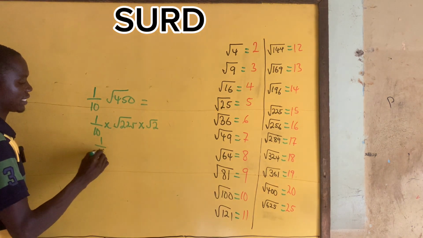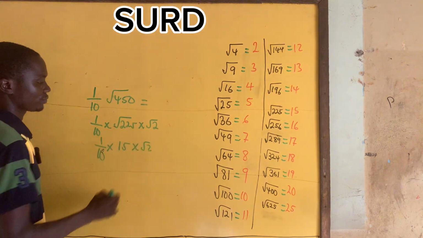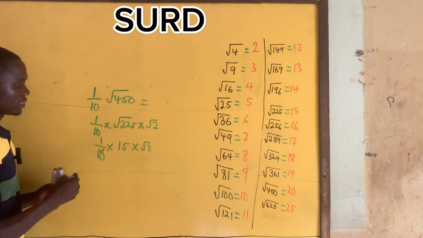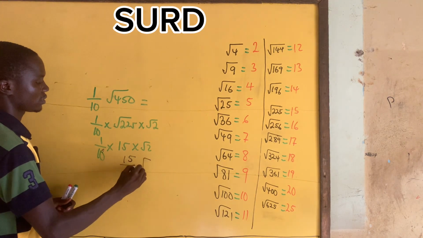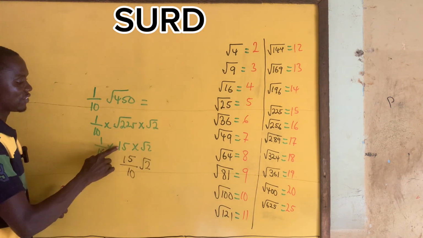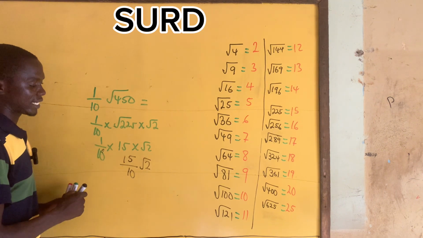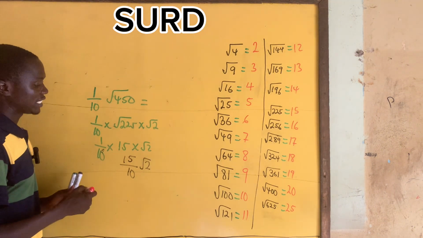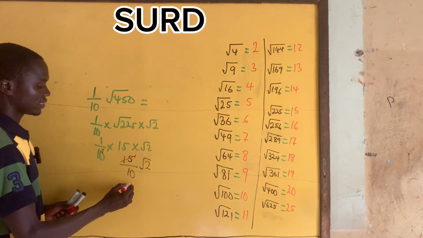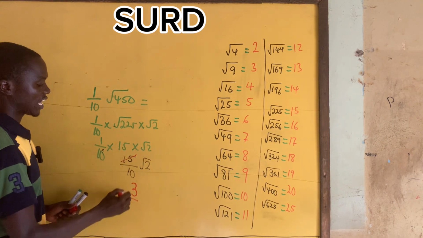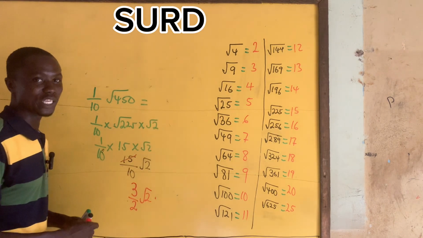Root 225 is 15, so this is 15 over 10 root 2. 1 times 15 times 1 is 15, and all divided by 10. Here, we can divide each by 5. So 5 will divide 15 3 times, and 5 will divide 10 2 times. And we have this in a very simple way.